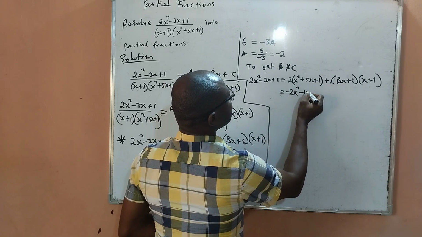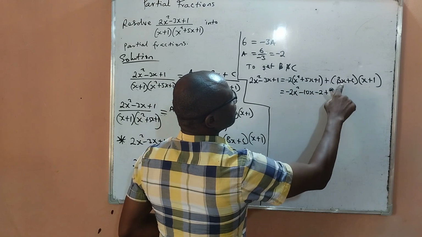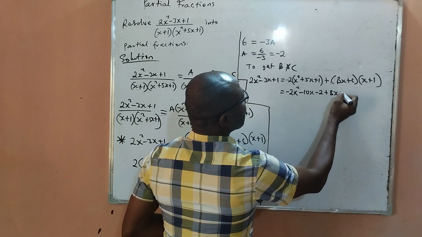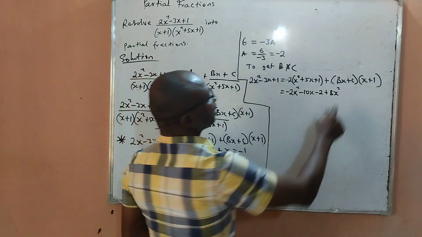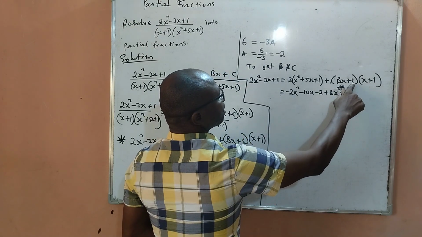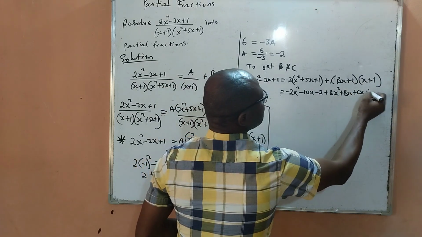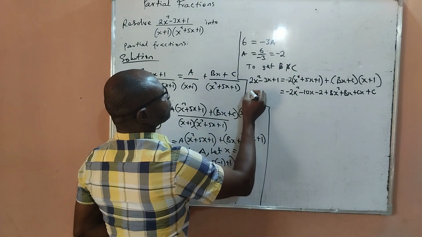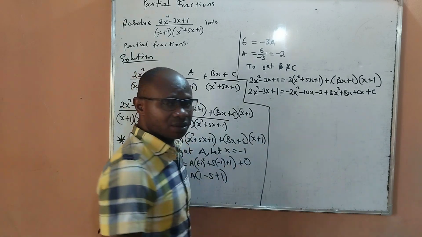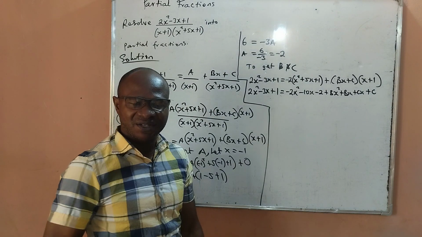This time this is minus 10x, and this time this will give me minus 2, plus bx multiplied by x will give me bx squared. Okay, bx multiplied by 1 will give me just bx. c multiplied by x will give me plus cx, and c multiplied by 1 will just give me c. Everything is equal to 2x squared minus 3x plus 1. Good. We are going to do what is called comparing coefficients.